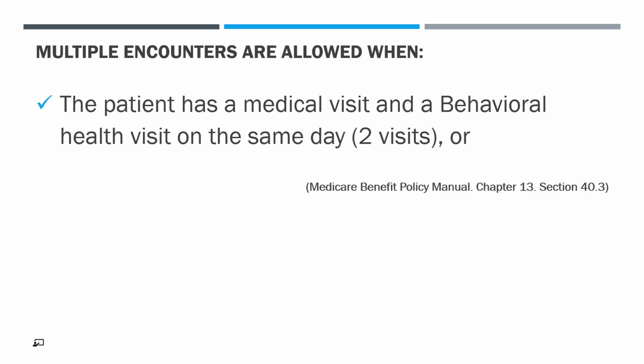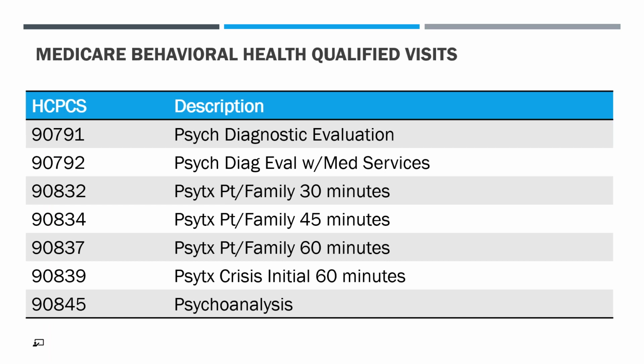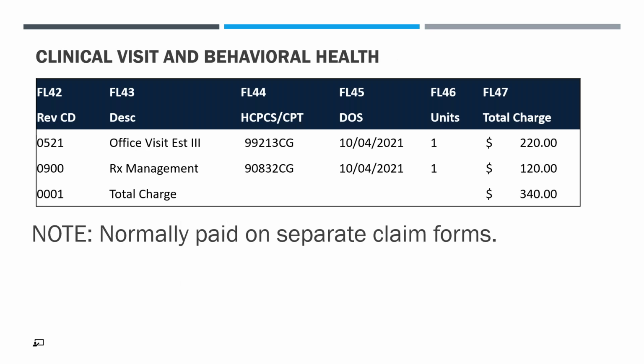Remember behavioral health and a sick visit on the same day? At Medicare, we only have 7 approved qualifying visits for behavioral health. And this would be the one time where, other than the optional case of a welcome to Medicare visit where we'd have 2 CG modifiers on the same day, we'd have 2 encounters for this.